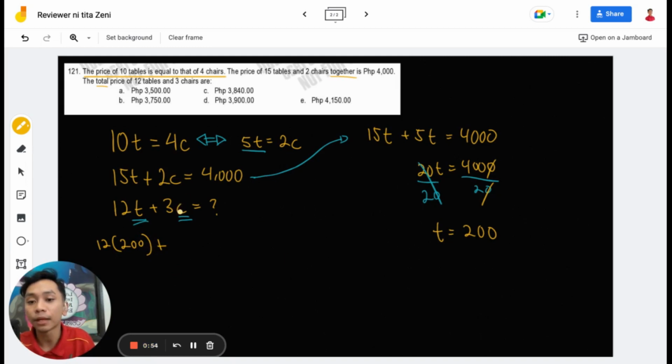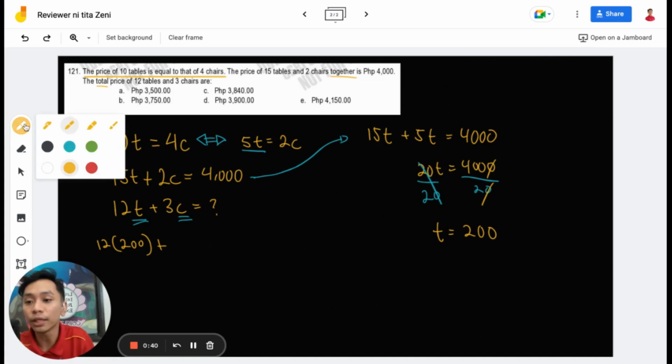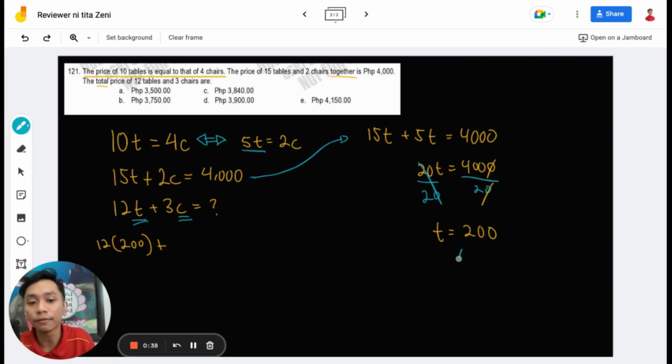Yung C naman. Paano natin masasolve ngayon yung C? Well, alam na natin that the price of one table is 200. We need to ask ourselves, gamitin natin ito. Magkano ngayon yung 15 na tables? So we need to multiply this by 15. You can do it manually, pero ito yung isa pang mabilis na paraan dyan. Ask yourself, ilan yung 200 times 10?